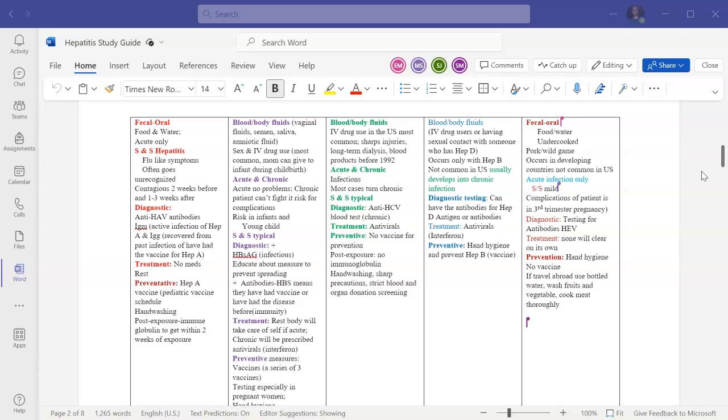Now, what labs will the nurse be concerned with monitoring of a patient that has hepatitis? What lab will you be looking at? The liver function test, the liver enzymes, the PT, APTT, the albumin levels.